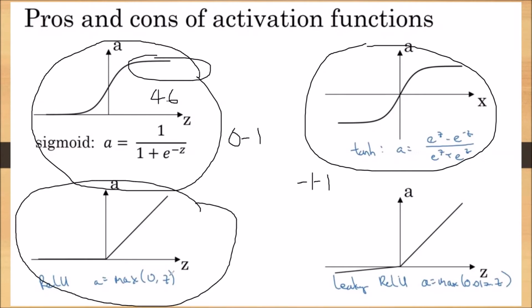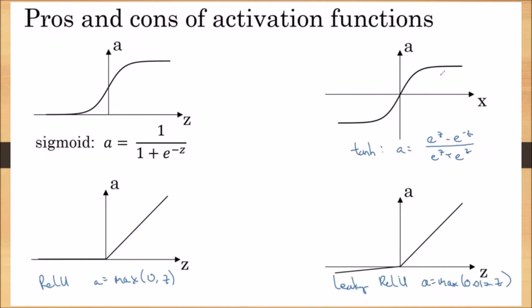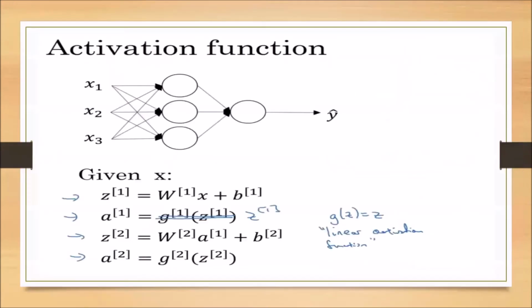The maximum value can be Z. And in the leaky rectified linear unit, for the negative values of Z also, we get a small fraction as output. These are the different functions that are used in deep learning for neural networks.